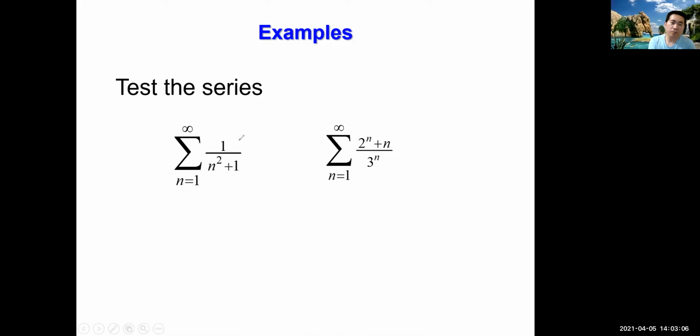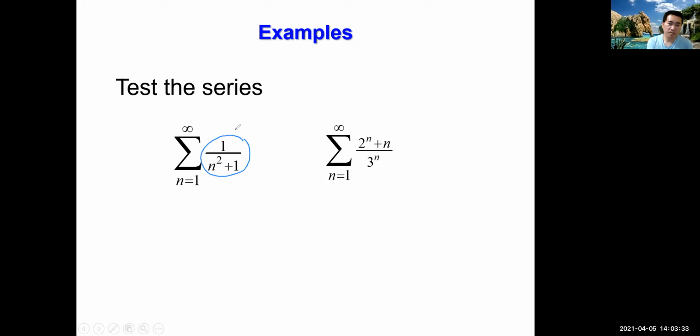Here's what we're going to do. When you look at the general terms, we're always going to have fractions, okay? You will keep the dominant terms of the numerator as well as the denominator. That means you're going to eliminate all the terms by keeping only one leading term.